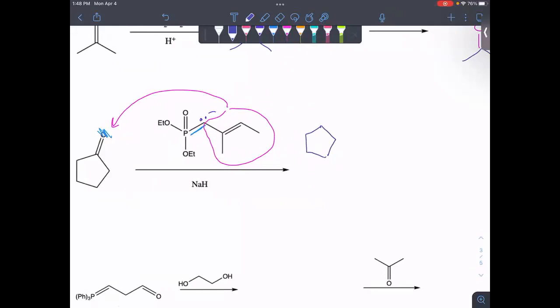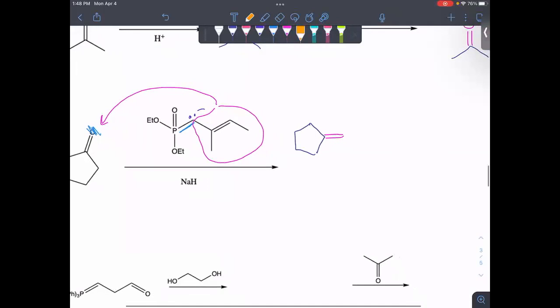The pentagon on one side, your alkene, and then the R group of the phosphonate ester, which would be this. It's the exact same thing. The only difference is the stuff on the phosphorus.